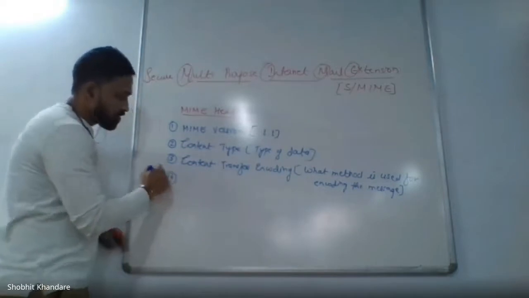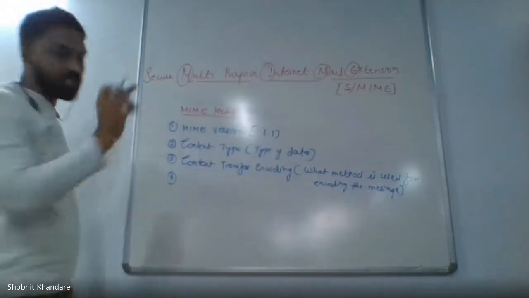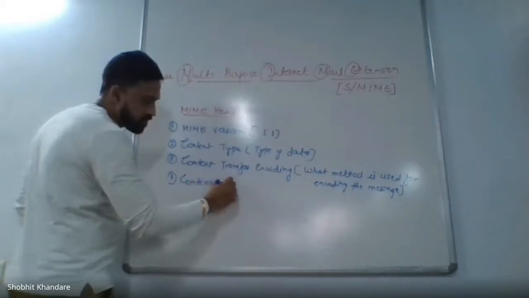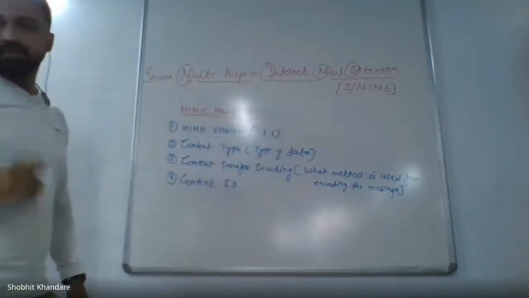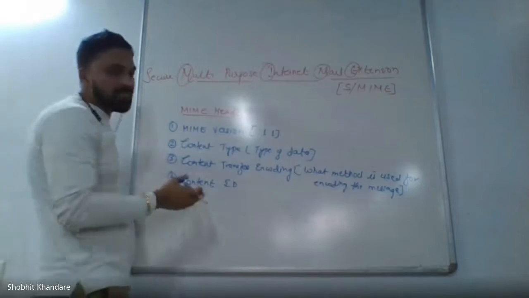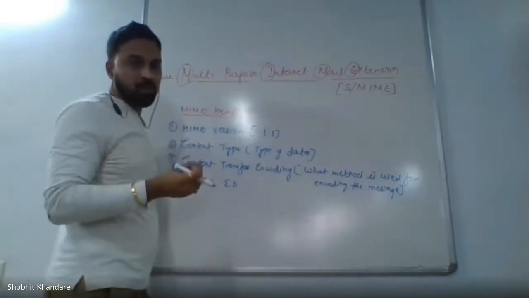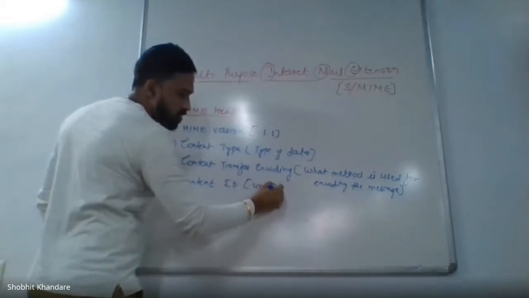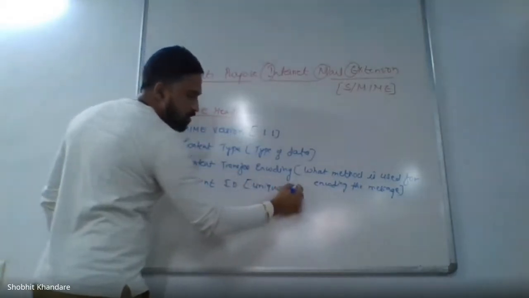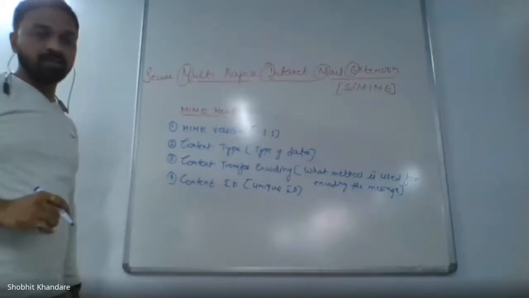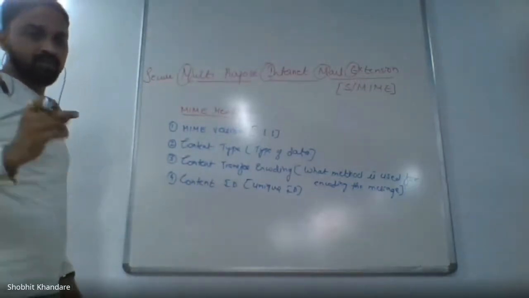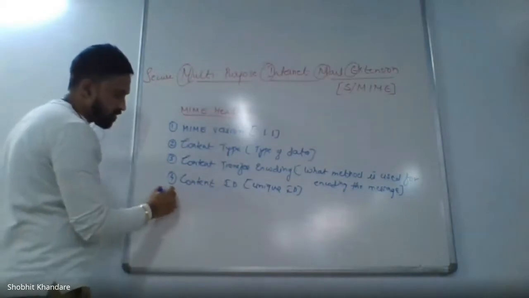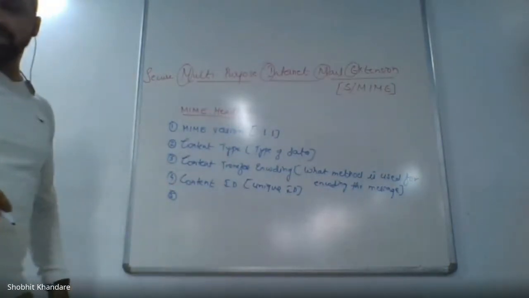Fourth one is content ID. Content ID is nothing but a unique ID: for every mail you have a unique ID of the message. Every mail will have this unique ID. And the last one is content description.